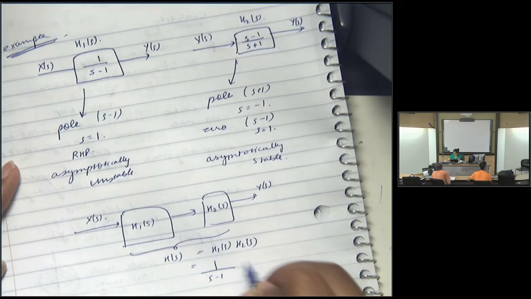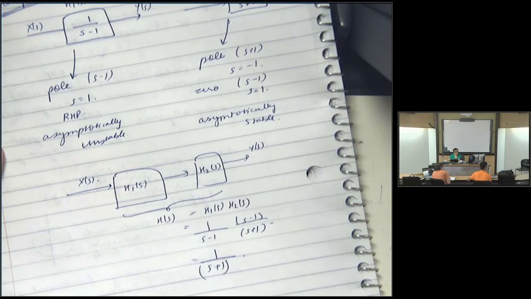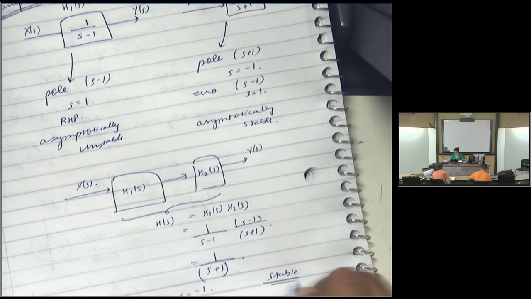So I'll get a transfer function of 1 over s plus 1, right? And now my pole is at negative 1, so this system is stable now.